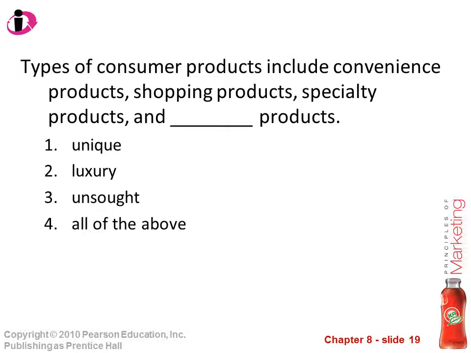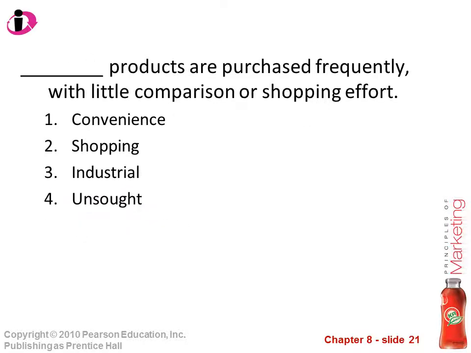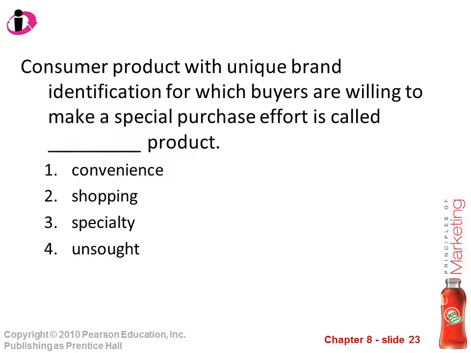Here is an exercise. The types of consumer products include convenience, shopping, specialty, and unsought products. What products are purchased frequently with little comparison or shopping? Convenience goods.